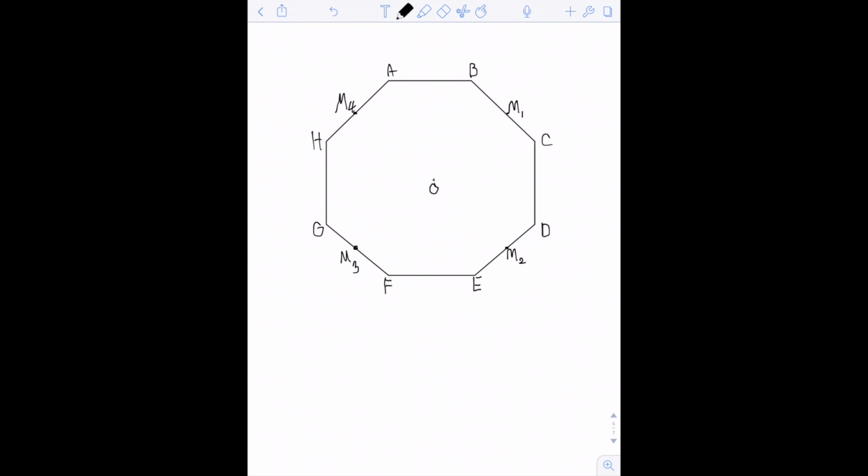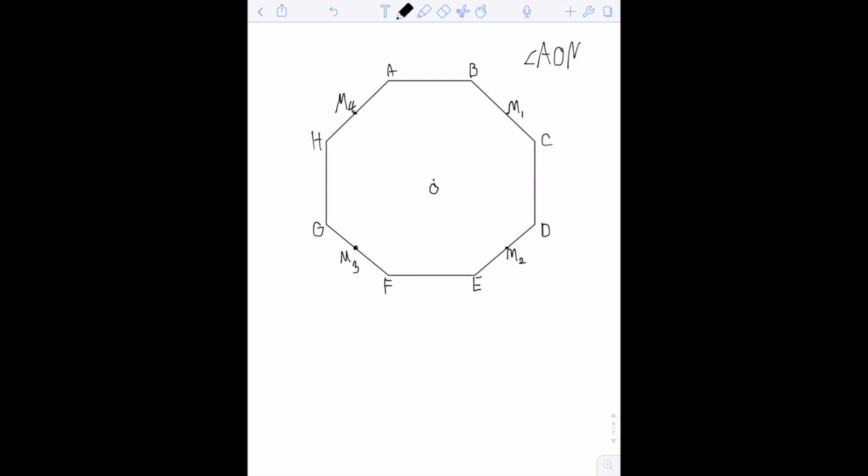We'll finish with 2 example problems. So let's say we have a regular octagon A, B, C, D, E, F, G, H, and midpoints of B, C, D, E, F, G, and H, A at M1, M2, M3, and M4, and we want to find the measure of angle AOM2. O is the center.